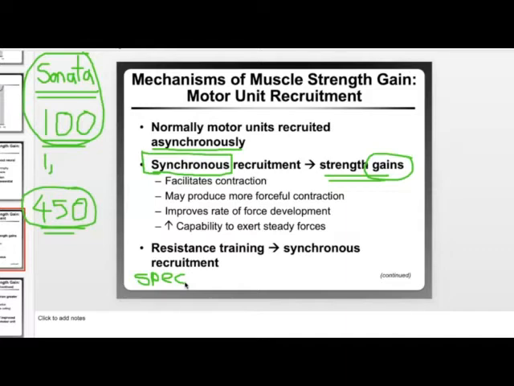The other one was individuality of training. The other one was overtraining, or training beyond, or pushing yourself beyond your normal limits. One of them was specificity. Specificity, and that might mean specific.